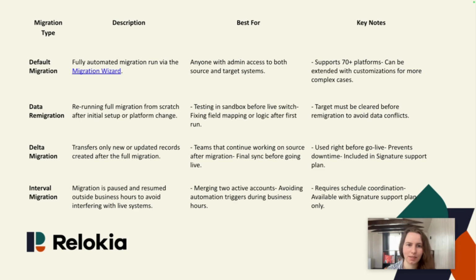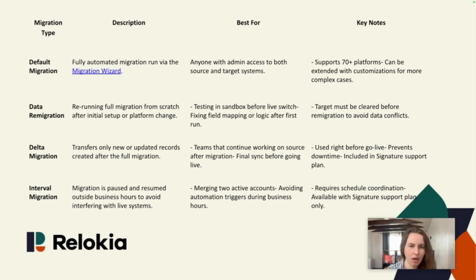And then the next, delta migration. This is really important and one of the key types of migration that help you to switch to the new system. If you are using your source help desk account after the first migration, you may need to transfer the new or updated records that were created after the initial run. That's where the delta migration comes in. Delta migrations transfer only newly created tickets, contacts, and other records, and remigrate records that were updated since the last full migration.